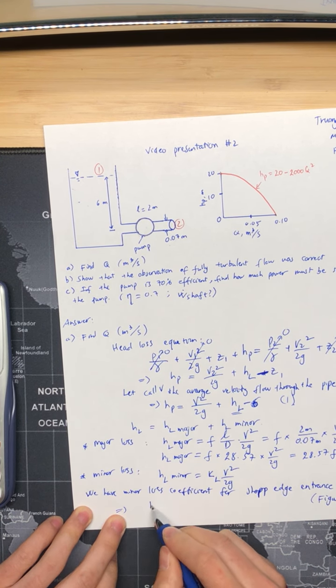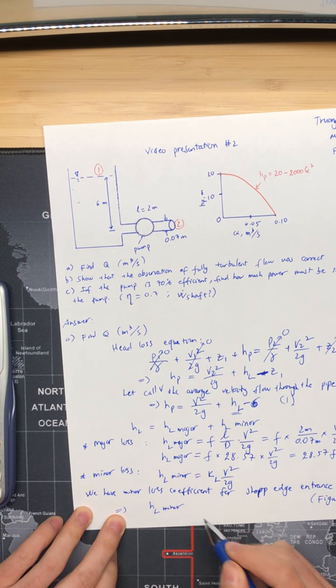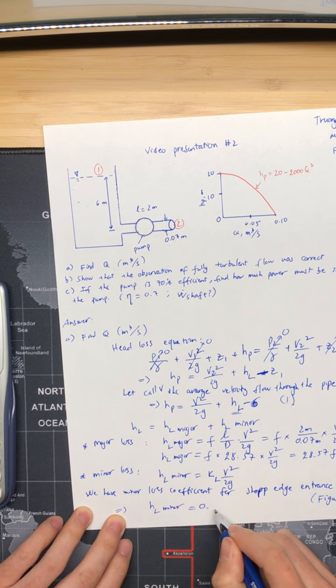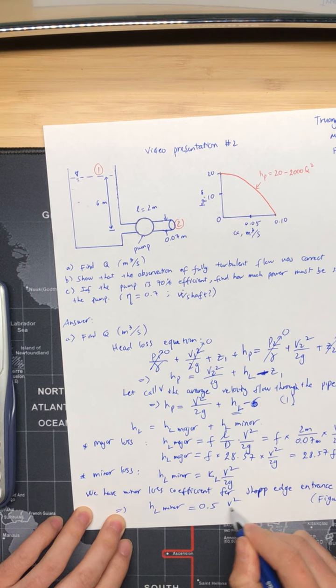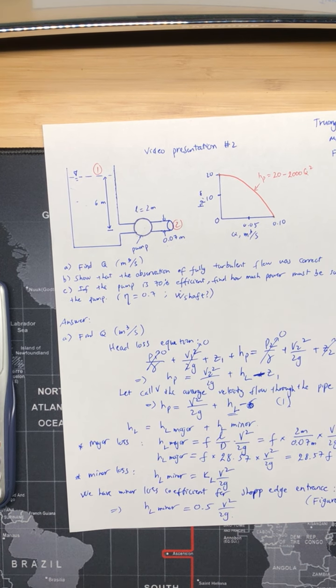So the head loss minor equals 0.5 V squared over 2g.